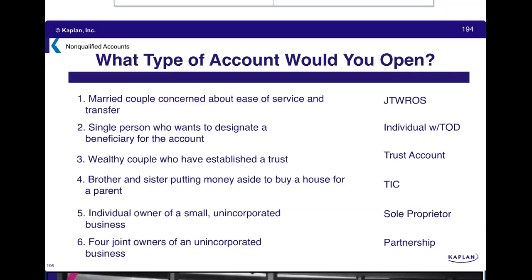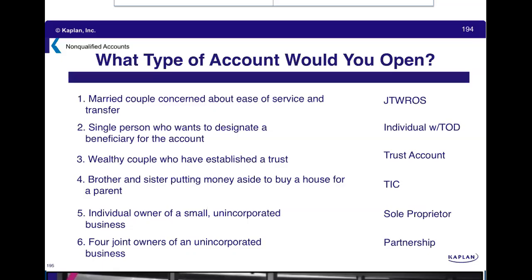A brother and sister putting money aside to buy a house for a parent. If neither would want each other to have access to their money, then a TIC account would be appropriate. An individual owner of a small unincorporated business, this would be a sole proprietorship business account. 4 joint owners in an unincorporated business would be a partnership account.